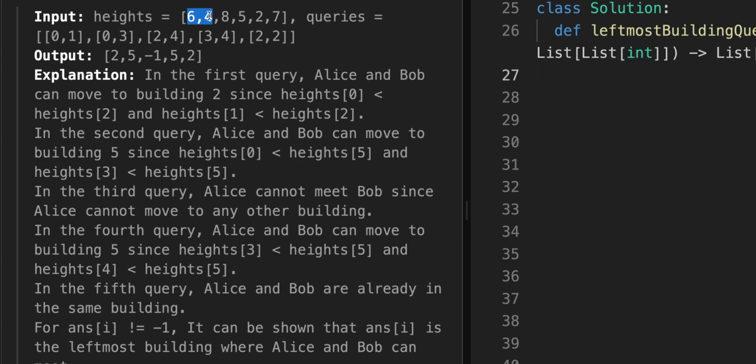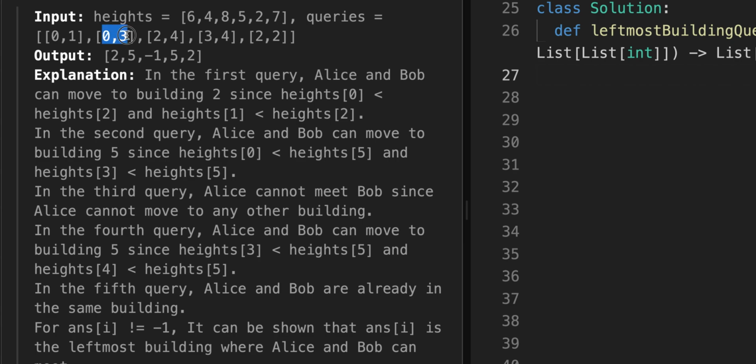So in this case, that means since Alice cannot move to Bob, they both have to move to the right to find a bigger building. And that happens to be the 8 there, which is at index 2. So notice in the output how the answer has index 2 there.